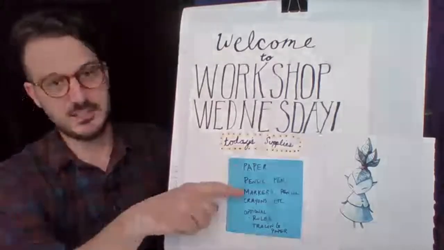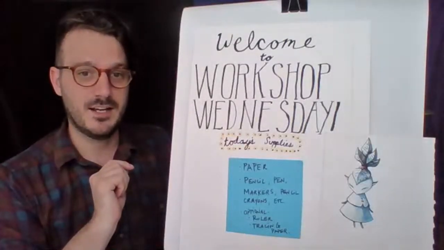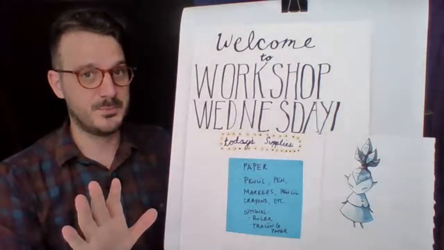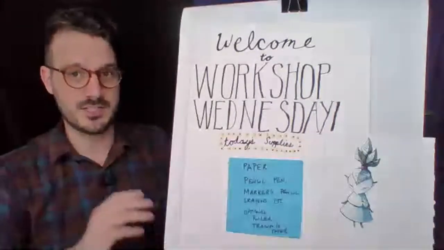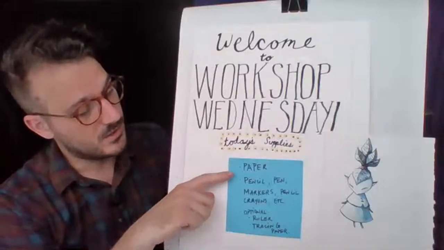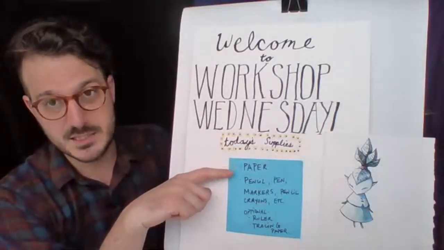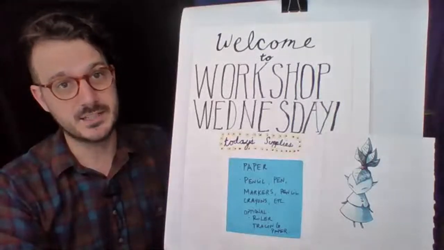As you can see, I've got a little list here of some things that you're going to need today. It's pretty simple. Today we're going to be doing character illustration or character drawing. The things that you're going to need are simple: basically something to draw with and something to draw on, and it can be whatever you like.